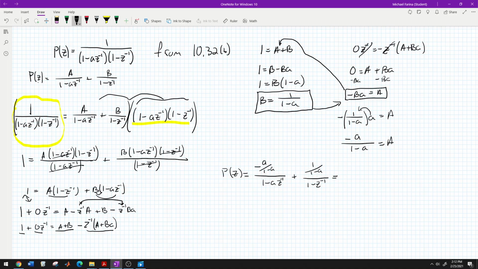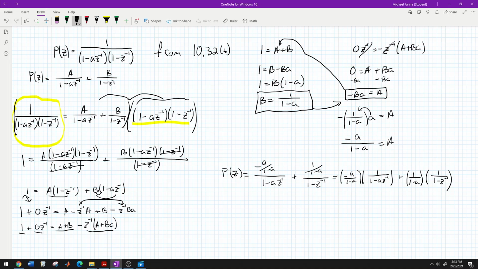They could be complex numbers or whatever, but just consider them numbers, and you can pull out minus a over 1 minus a times 1 over 1 minus a Z inverse, and then plus, excuse me, 1 divided by 1 minus a times 1 over 1 minus Z inverse.